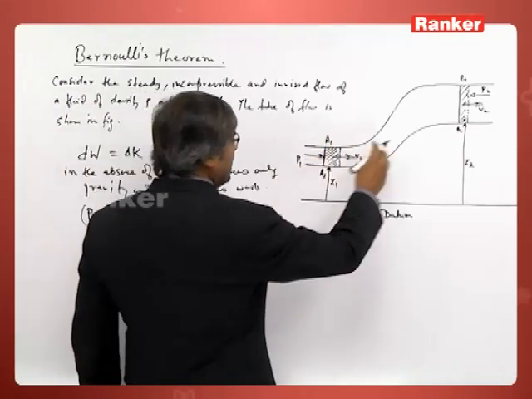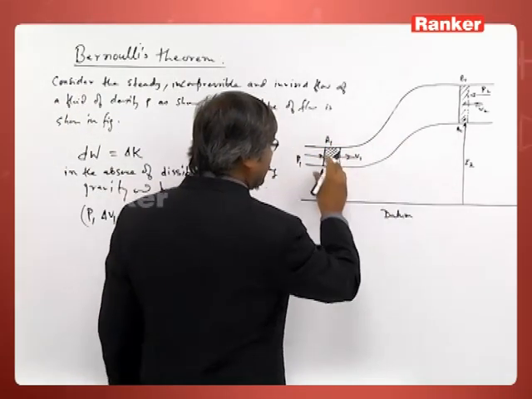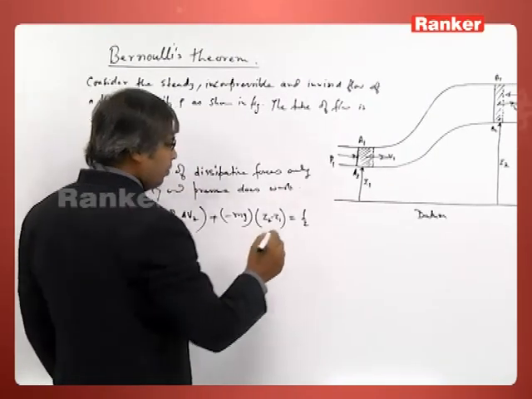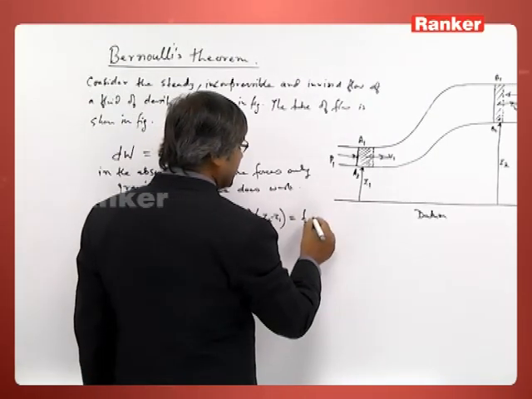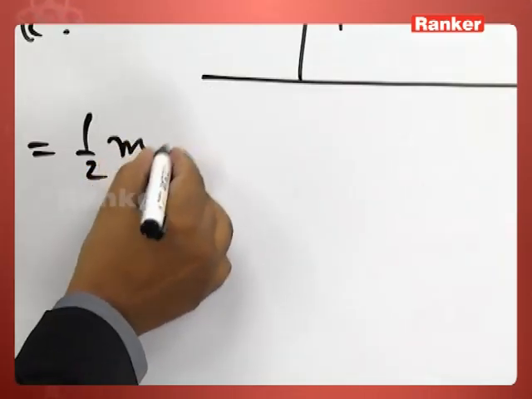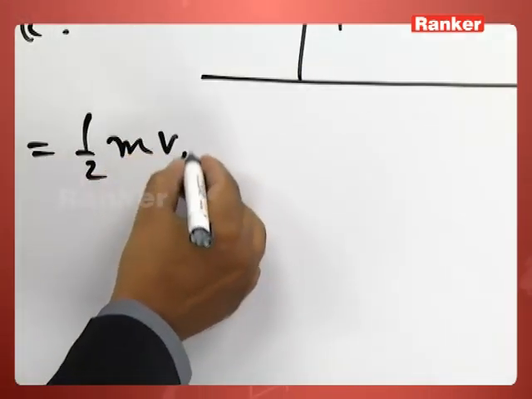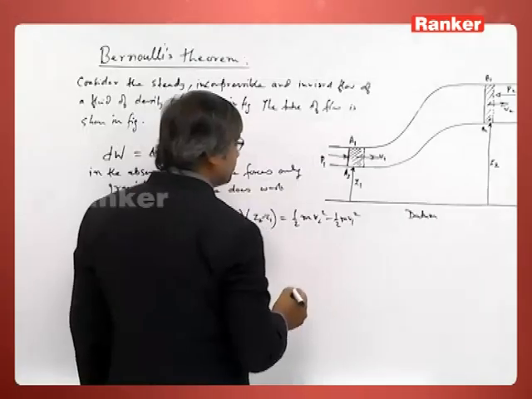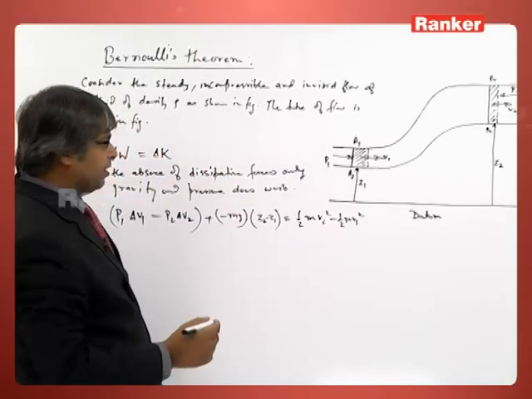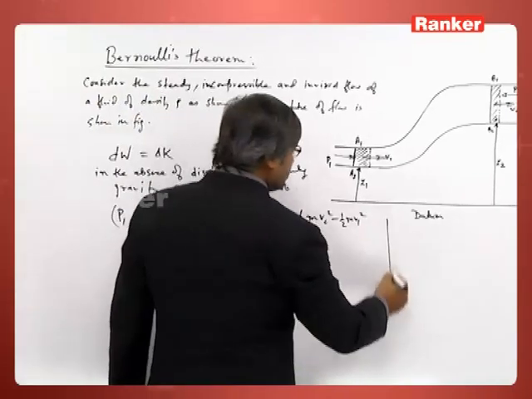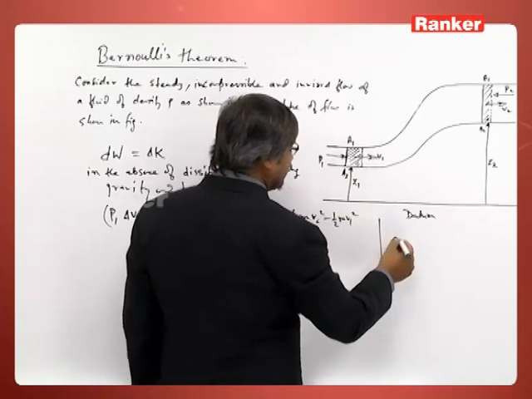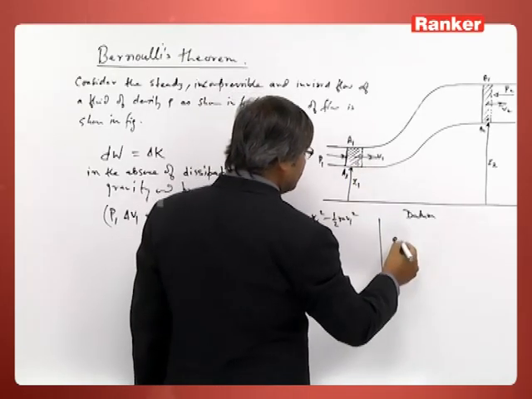This mass and this mass are the same mass, it cannot be created, as we can see from the continuity equation. So it is half m v2 square minus half m v1 square. Let us see about the mass. The mass is rho into the volume changed.